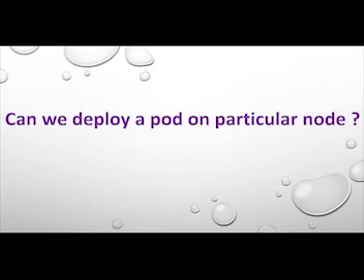Is that possible in Kubernetes? Yeah. What do you need to do for that? We have something called labels for a node. We can use those labels and then restrict a particular pod to a particular node.